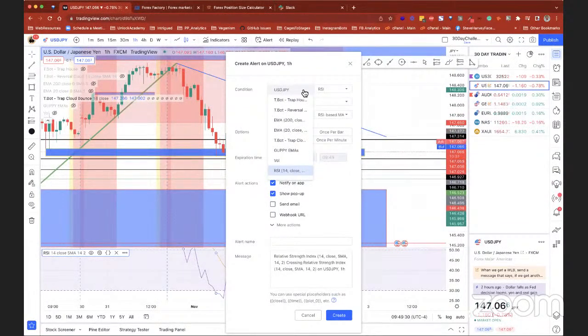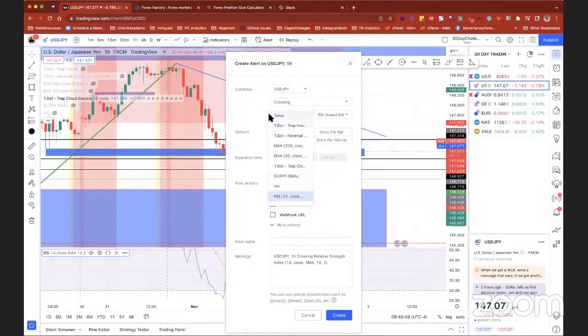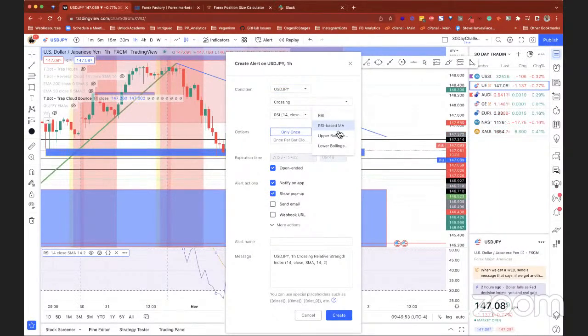I use this indicator called the RSI, and it looks like there's a way for me to set in a condition to say when USD JPY, when the RSI crosses the RSI moving average, we can get an alert. Yeah, there we go.